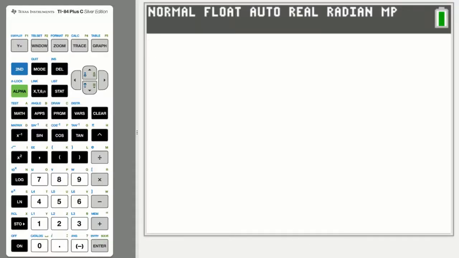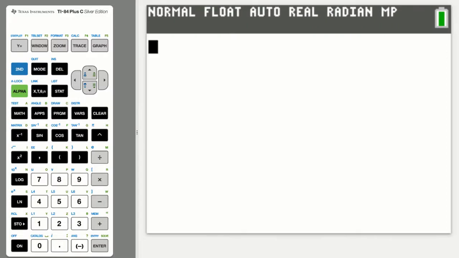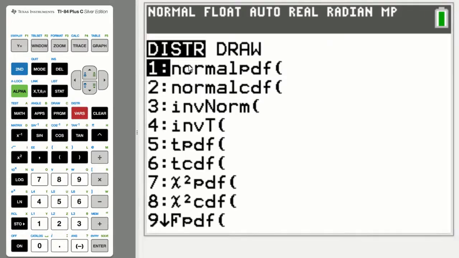Now back on our computer screen right here with the calculator emulation. Now I'm going to access my normal CDF command by second variables, which brought up my distribution functions, the menu for all distribution functions in stats.